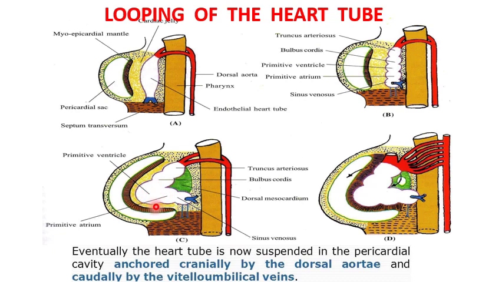This loop formation will be completed by the end of the 4th week, and the shifting of the atrium posteriorly to the primitive ventricle, when it gets shifted onto the left, is facilitated by the formation of the transverse sinus, that is the degeneration of the dorsal mesocardium, where the pericardial cavity is present all around the developing heart tube, which facilitates the looping of the caudal part of the primitive heart tube.